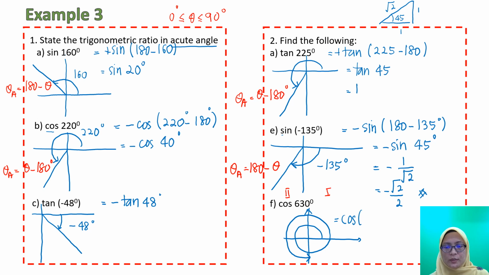Sebab dia jatuh dalam third quadrant, so jadi negative cos. So ini 630 minus 360. So kita ada negative cos 270. Ataupun dia adalah sama dengan 0. So boleh calculate guna calculator lah. You dapat cos 270 is 0.